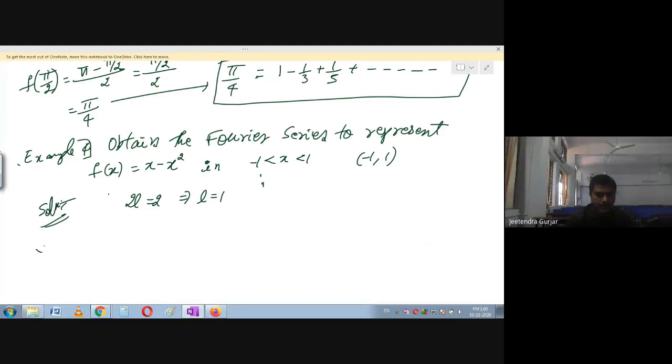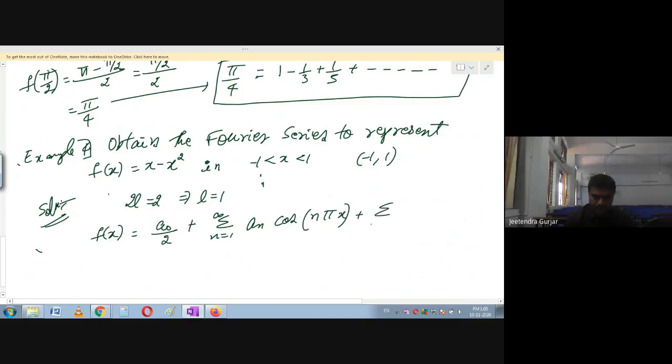So you can take the function now, f of x. f of x is equal to a naught upon 2 plus summation n 1 to infinity a n cos n pi x upon L, where L is 1, what we have taken already, plus b n sine n pi x upon L. L is the length interval they have given here, 1, so I'm going to take 1 only.